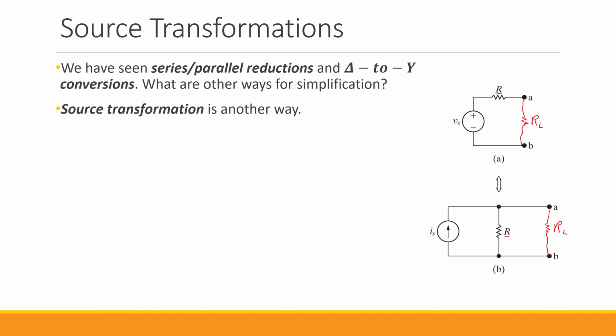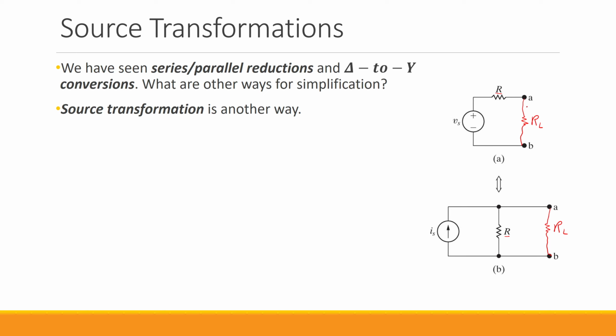The thing we are looking to solve is that in terms of the terminal behavior A, B, we want these two circuits to act the same way. How can that be done?